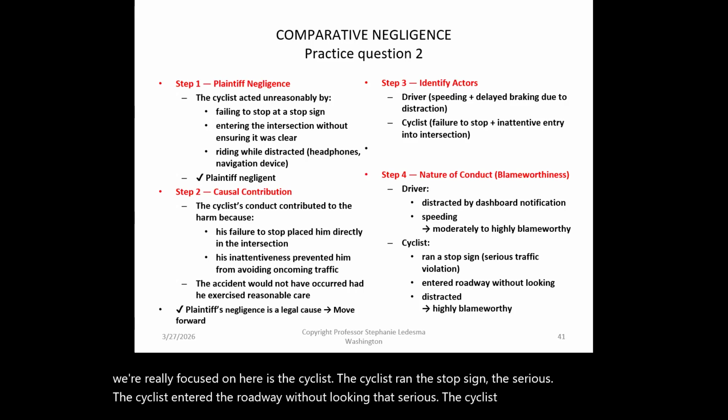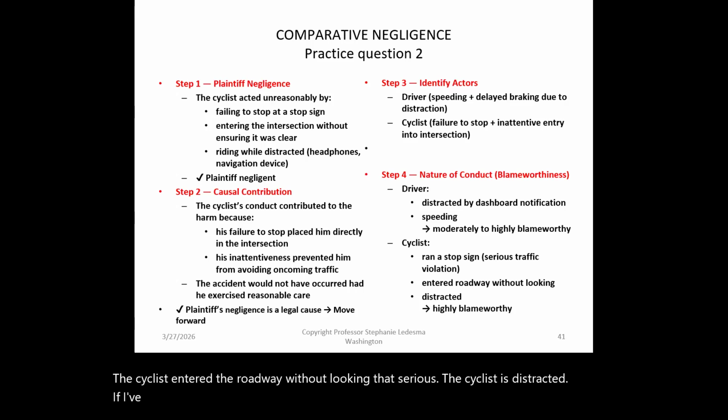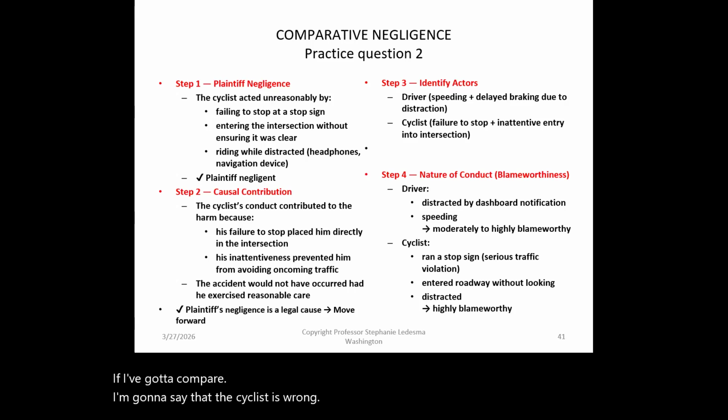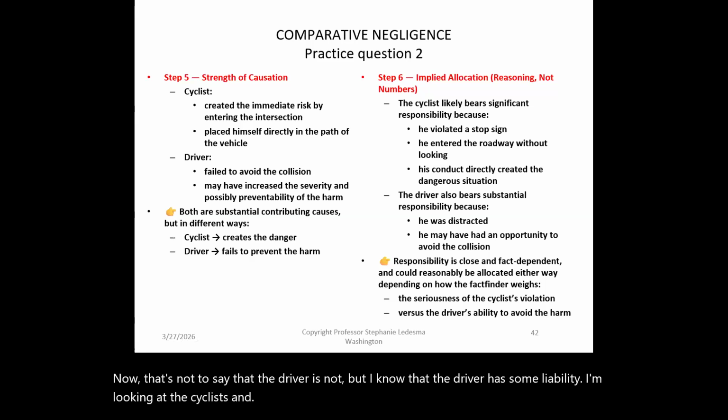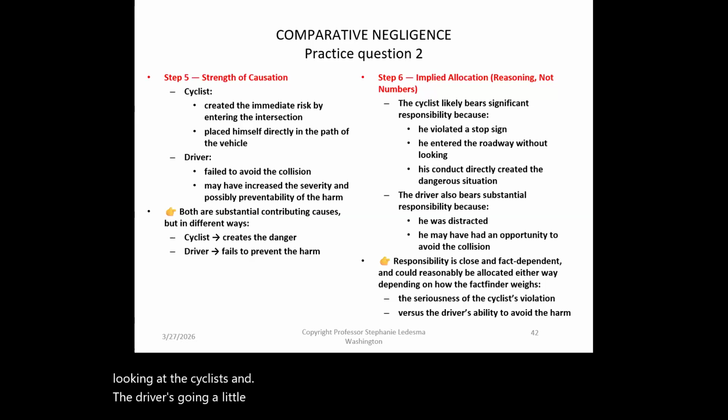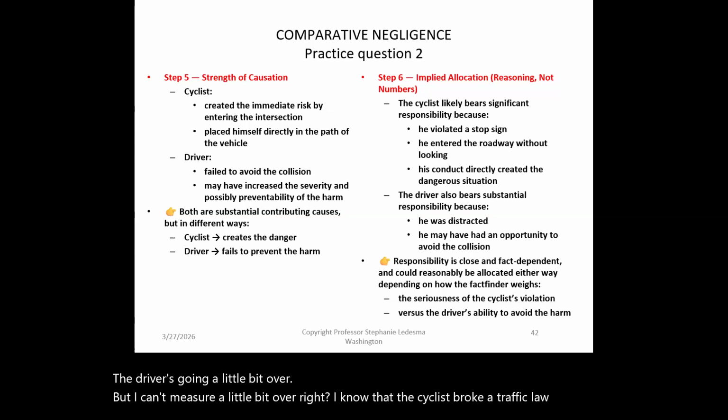If I've got to compare, I'm going to say that the cyclist is probably a little more blameworthy, right? Now, that's not to say that the driver's not, but I know that the driver has some liability. I'm looking at the cyclist, and the driver's going a little bit over, but I can't measure a little bit over, right? I know that the cyclist broke a traffic law because they didn't stop at the stop sign. You see what I'm saying?